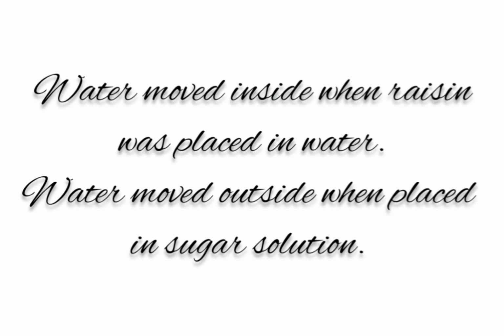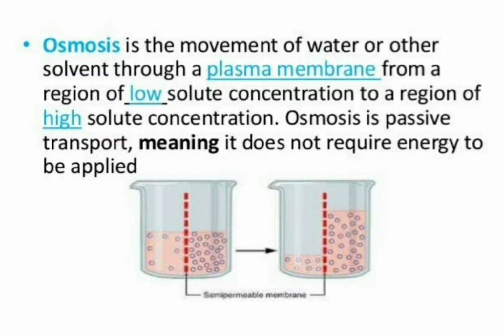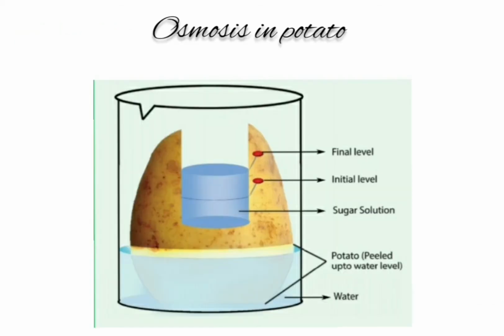The process by which water has moved into the raisin and out of the raisin is called osmosis. Osmosis is the movement of solvent molecules from a region of low concentration to a region of high concentration across a semi-permeable membrane. Let us do another activity to demonstrate osmosis.